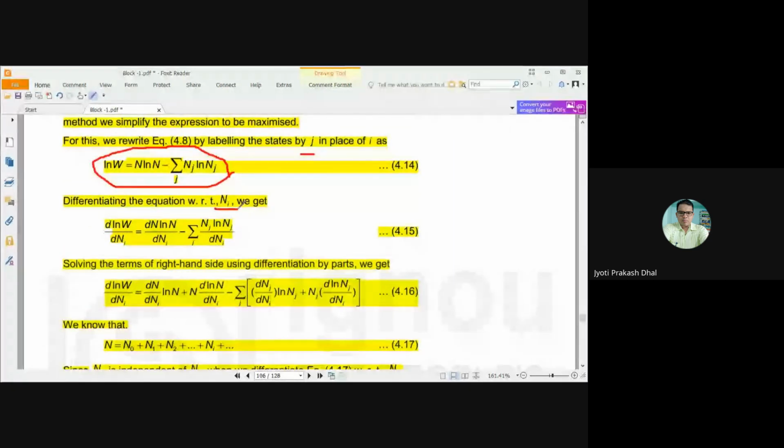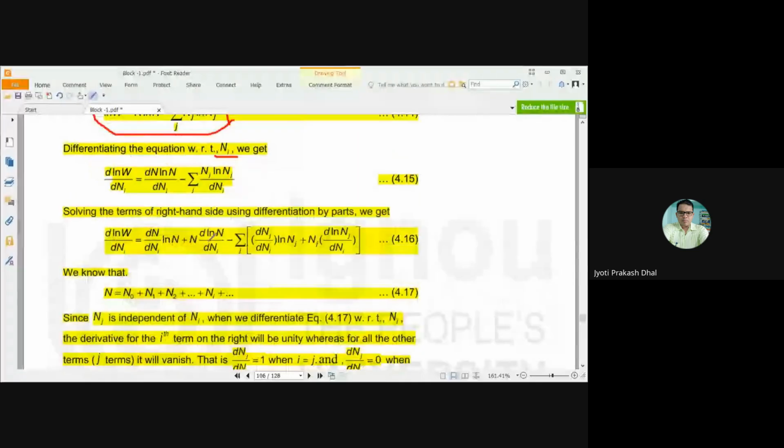The left hand side becomes d ln w by dni, and the right hand side becomes d(N ln N) divided by dni minus the summation of d(nj ln nj) divided by dni, solving the right hand side using differentiation by parts. So this is the solution of this equation.